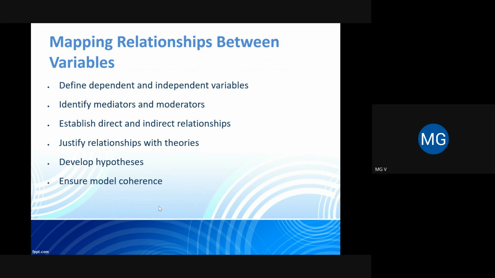Direct and indirect relationships must be clearly justified using existing theories. Hypotheses should be formulated based on logical connections, ensuring coherence and empirical testability.